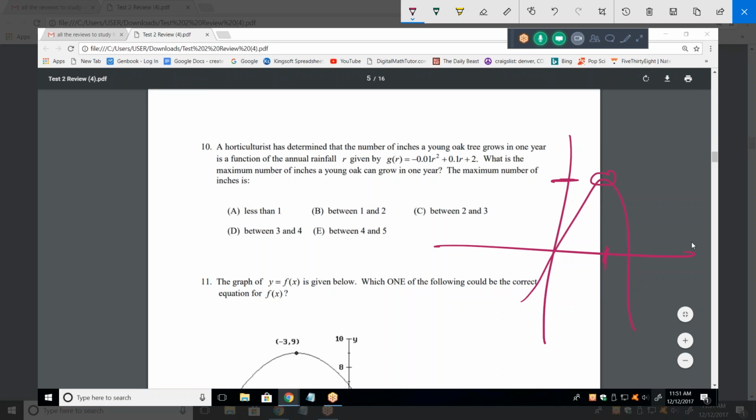So the vertex is an extremely important thing, because if you have a function you're trying to find the maximum of, it's always going to occur at the vertex. Or if it's a parabola that looks like that, then you're always curious as to where the minimum occurs. Well, in most of these problems, it's a maximum problem. And the reason is because that negative sign right there means the parabola opens down. So there is going to be a maximum if the parabola opens down.